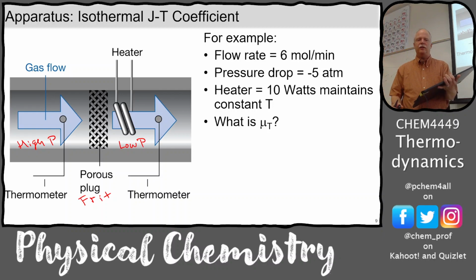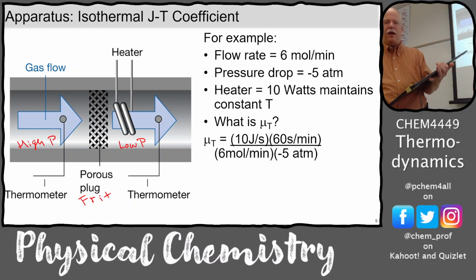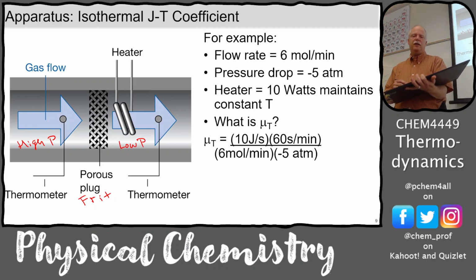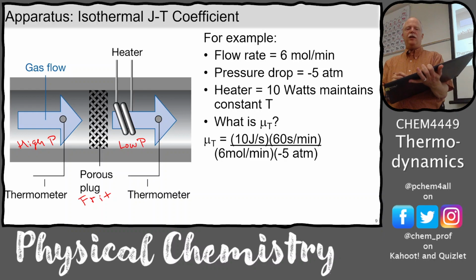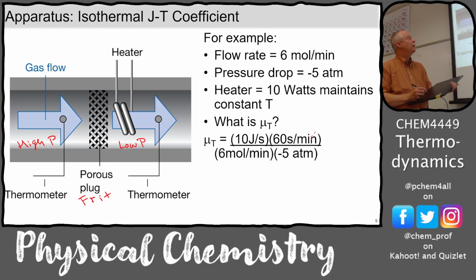So again, we can use that 10 watts in terms of how many joules per second. You've got the flow rate, so that's 6 moles per minute. You convert minutes to seconds, and then you have the pressure drop in atmospheres. You put all of these together using the units as a guide. And so we know that the Joule-Thompson coefficient has units of joules per mole.